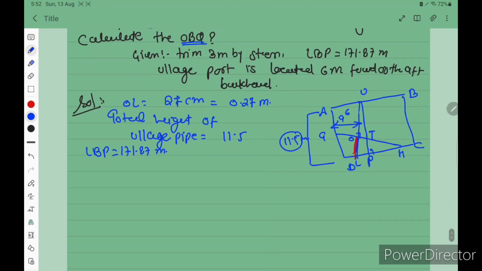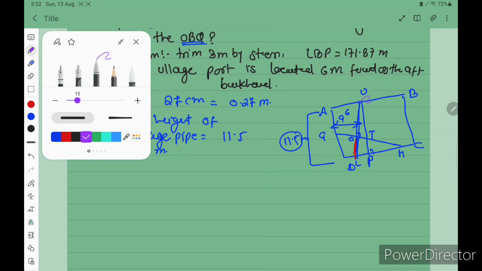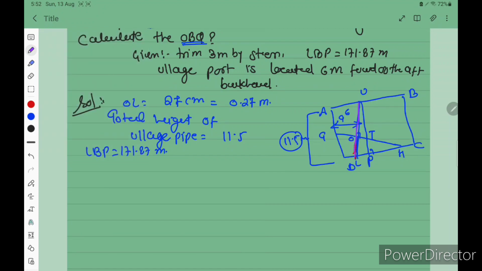So first we have to calculate the UL. We have the UP and we have the OL. So UL is equal to UP into sec tan inverse trim by LBP.